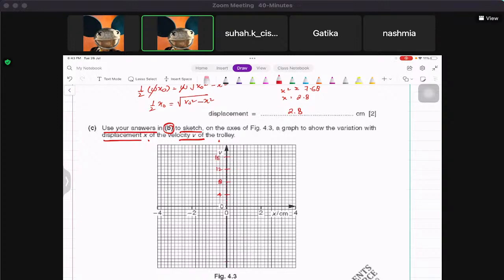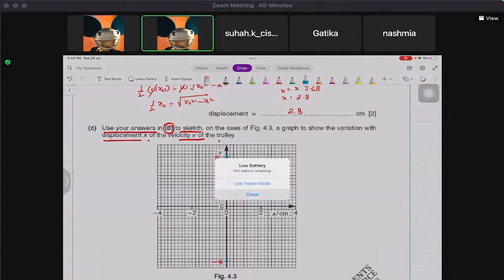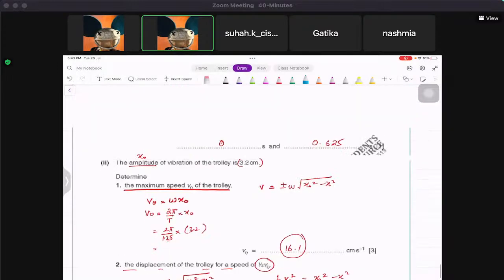When you do this, you can remove it or not, it doesn't really matter. Now v naught is this one, so you would put a point right here, and x naught was basically 3.2, right?